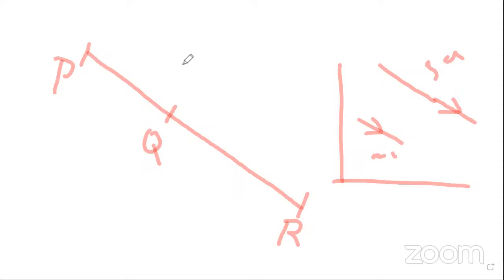The scalar here is 3. So if you show that the first vector multiplied by some scalar will give you the second vector, then you've shown that they are parallel.